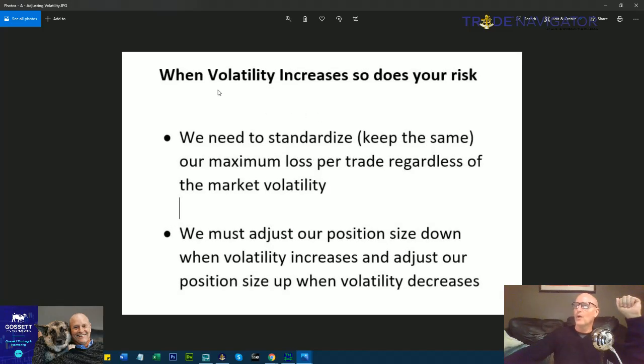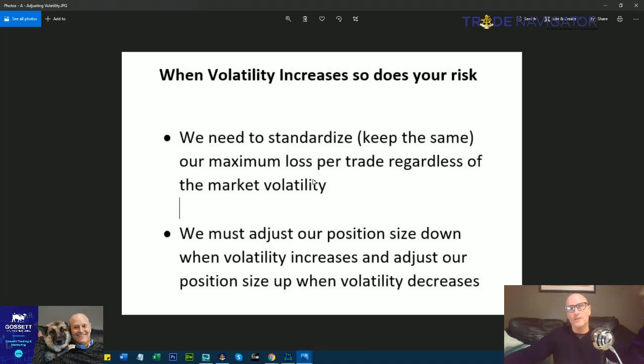Okay. When volatility increases, so does your risk. We need to standardize, or keep the same, our maximum loss per trade regardless of the market volatility. So ideally you have to come up with the maximum amount you're going to lose on any one trade. A lot of people use the guideline of risking 1% of their entire capital on any one trade, and that's fine.